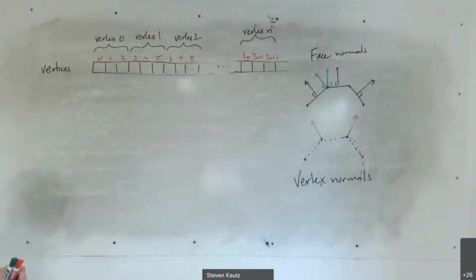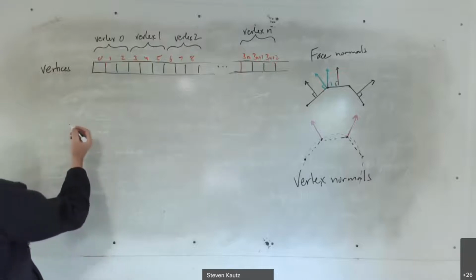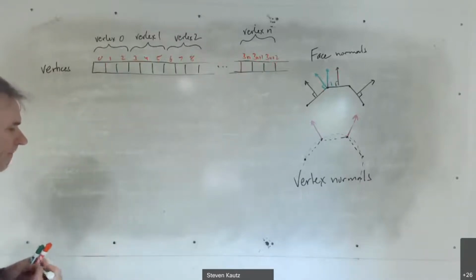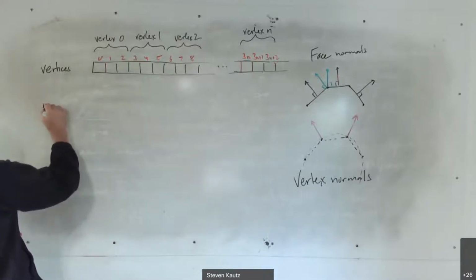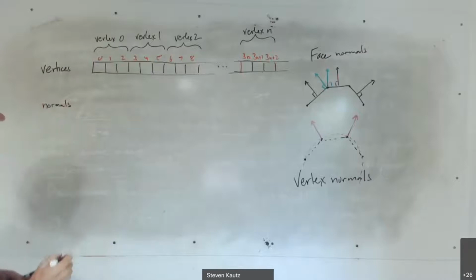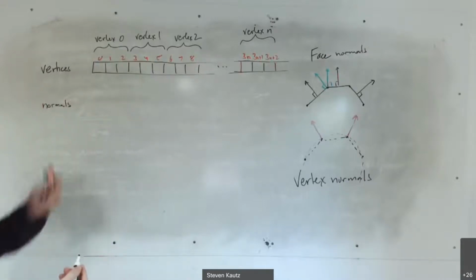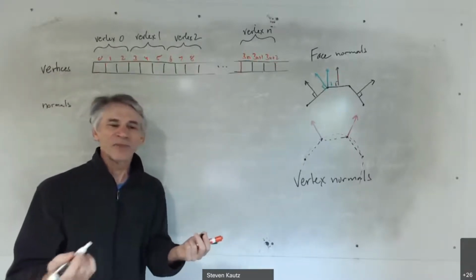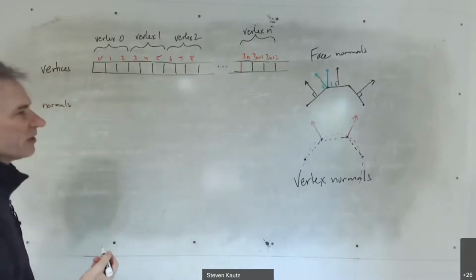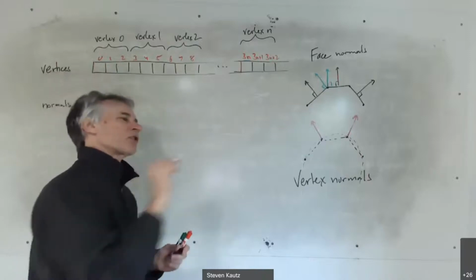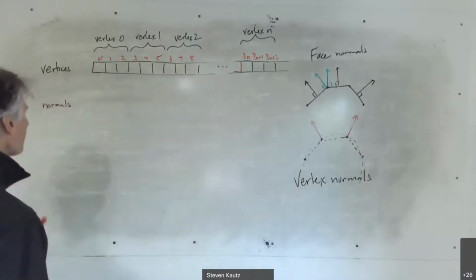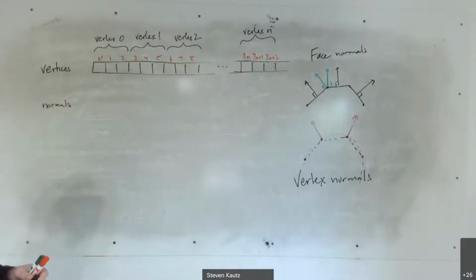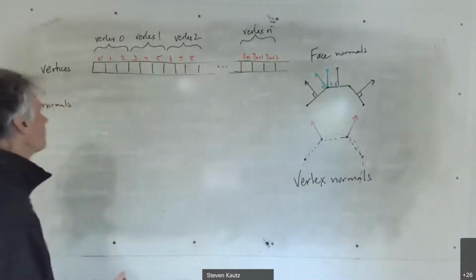So the idea is you have the situation that you want to associate with each vertex one of these vertex normals that is represented by this so-called average of the ones from the neighboring triangles, but you don't want to have to take each one and then go searching through the triangles to find the neighboring triangles, because that becomes difficult and extremely inefficient.